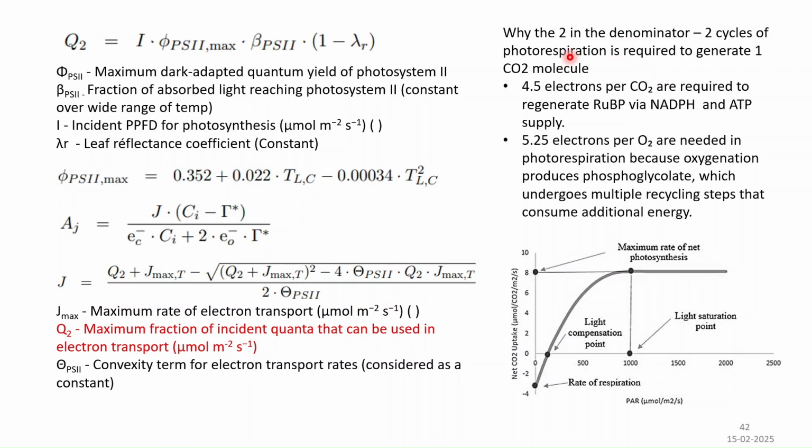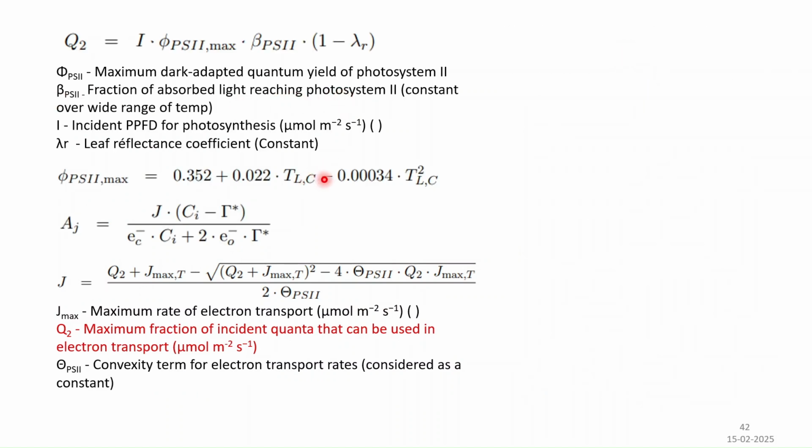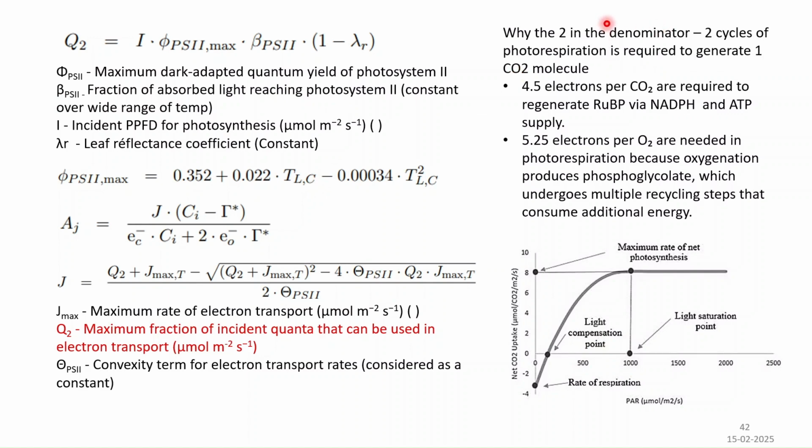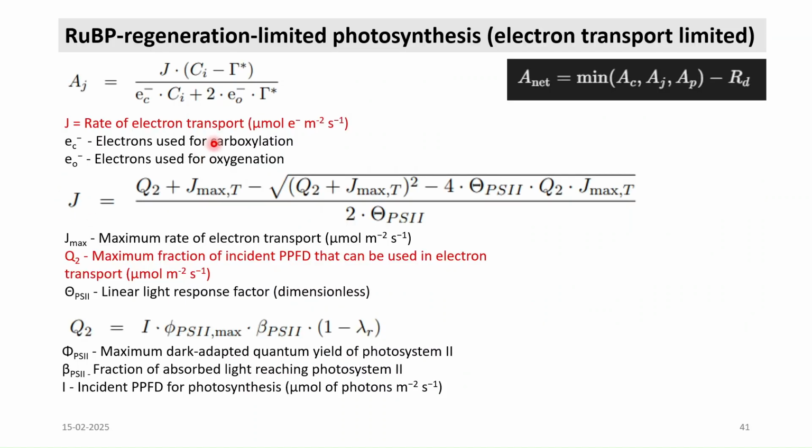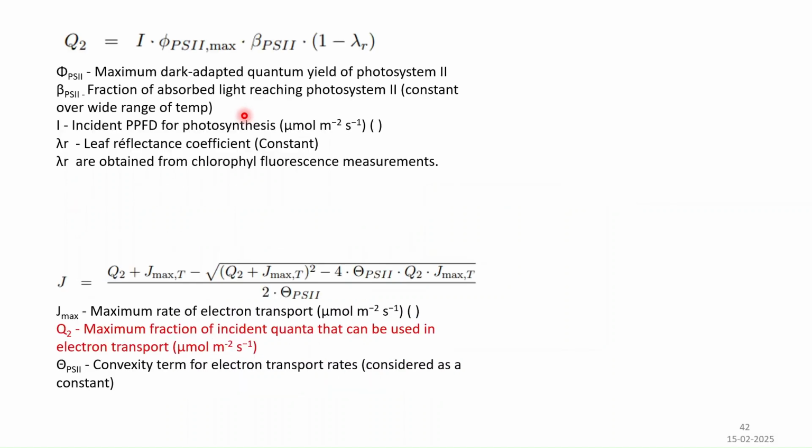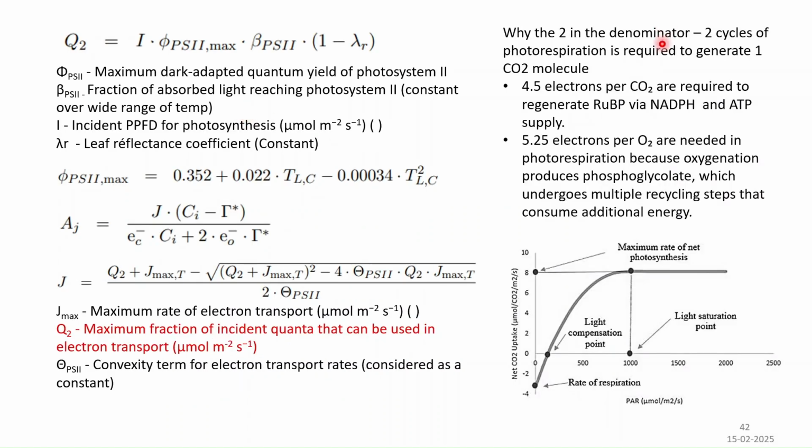So when you come to the equation, there is a value of 2 you see over here, 2 into electrons for oxygenation. So why is this 2 in the denominator? It is because 2 cycles of photorespiration are required to generate one carbon dioxide molecule. So if there has to be one carbon dioxide molecule generated during the photorespiration reaction, 2 cycles of photorespiration need to occur.